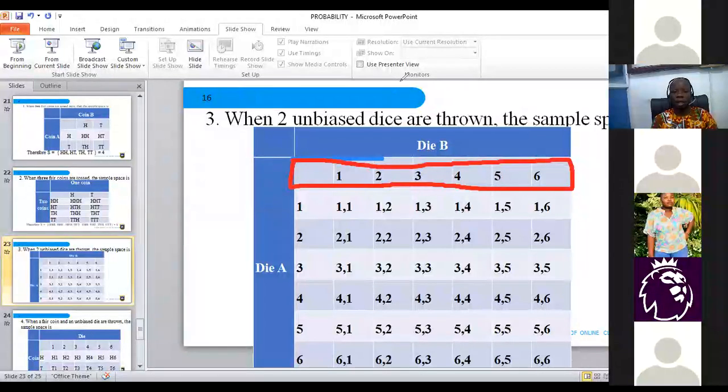The second die, or the other die, will also give the result from 1 up to 6. So we are going to combine the results from both dice.